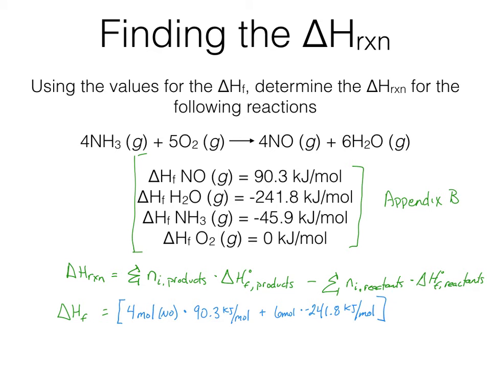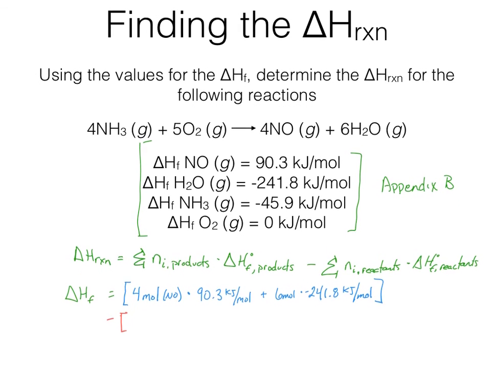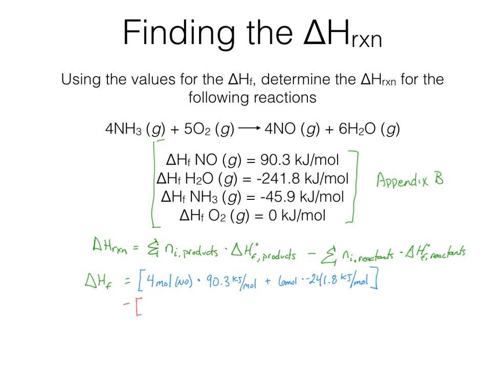And I'm going to subtract my values from my reactants. In my reactants, I have 4 moles of ammonia with negative 45.9 kilojoules per mole, plus 5 moles of O2, and that is 0 kilojoules per mole.